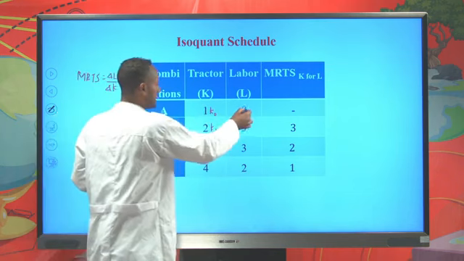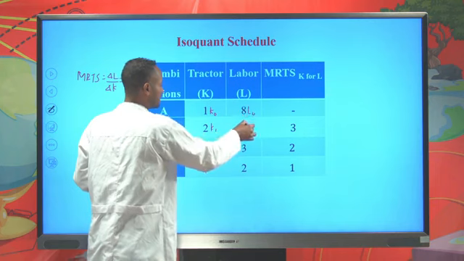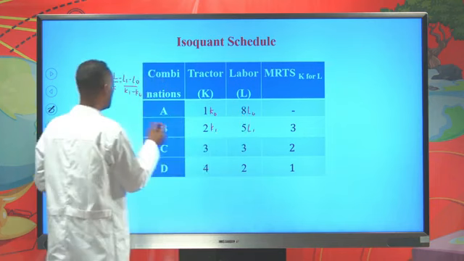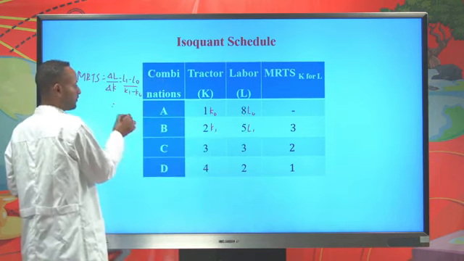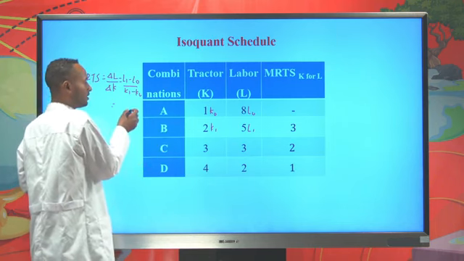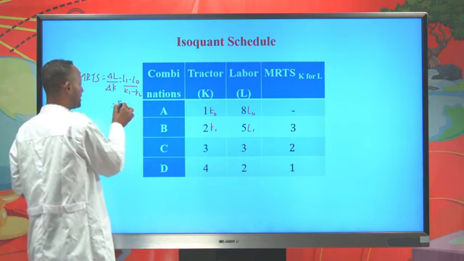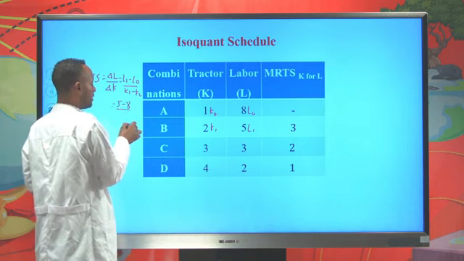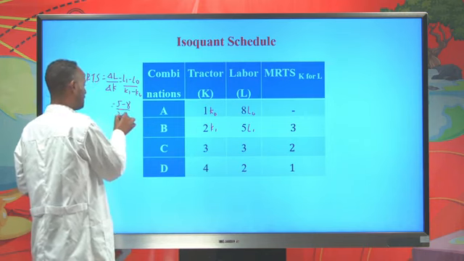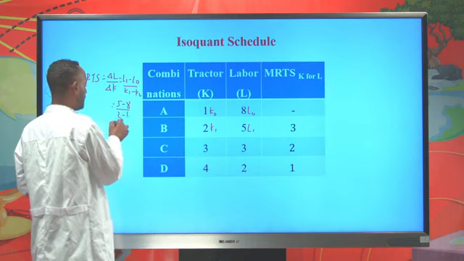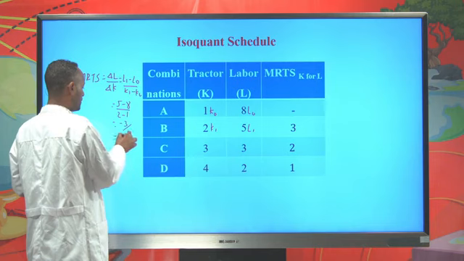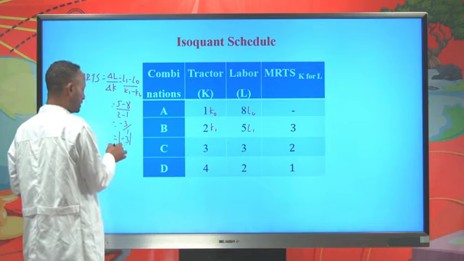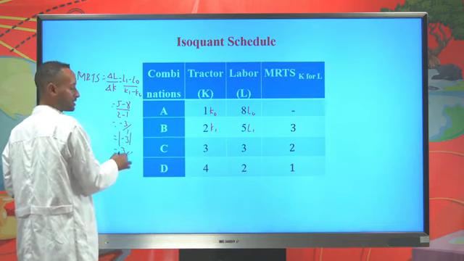Let's take this 8 as labor initial and this 5 as labor final. Then when we substitute this information in the formula, labor final is 5 minus labor initial is 8, divided by capital final is 2 minus capital initial is 1, which is minus 3 divided by 1, and then we get minus 3. When we take the absolute value, we get 3.